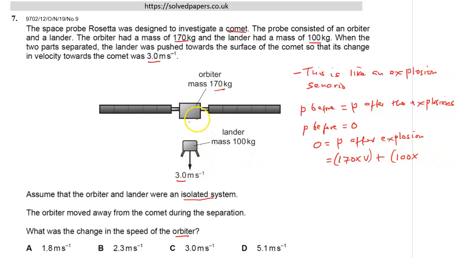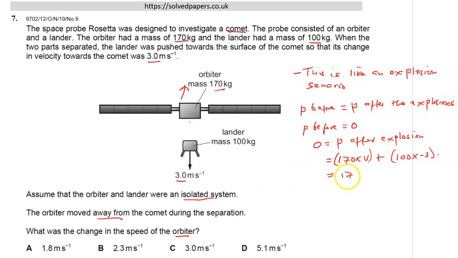But since they are moving in opposite directions, we are told that the orbiter moved away from the comet during the separation. Therefore, if v is positive, then 3 meters per second should be negative, times minus 3.